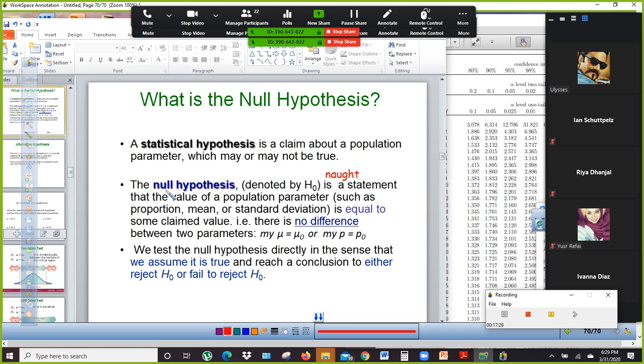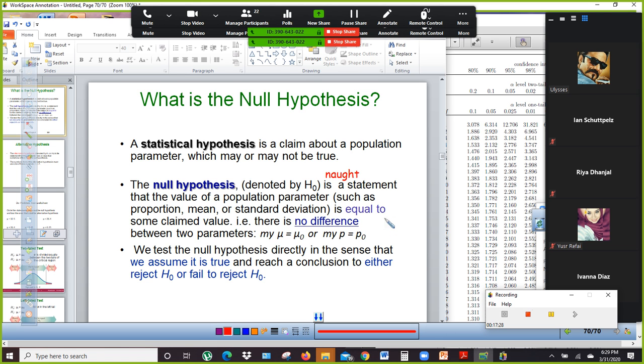Null also means nothing. So this null hypothesis is no difference. If there's no difference between 2 things, then they're equal. If there's no difference between 2 scores, then you have the same score.